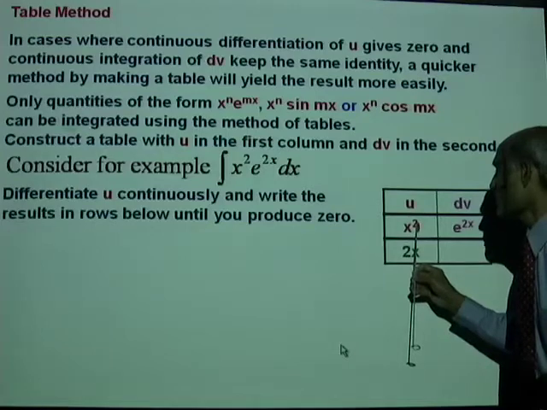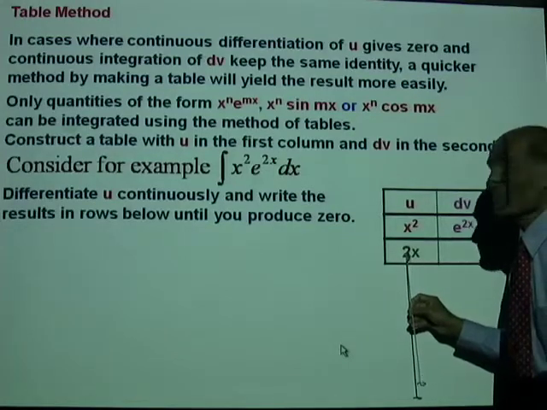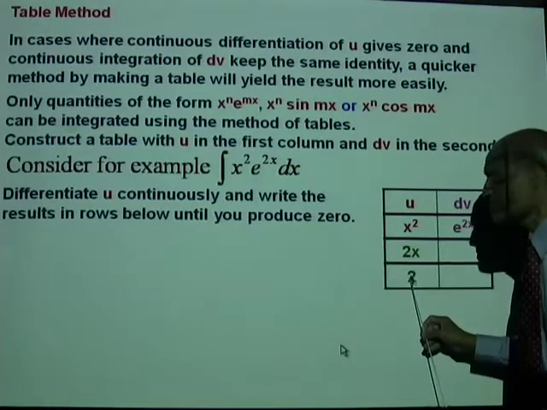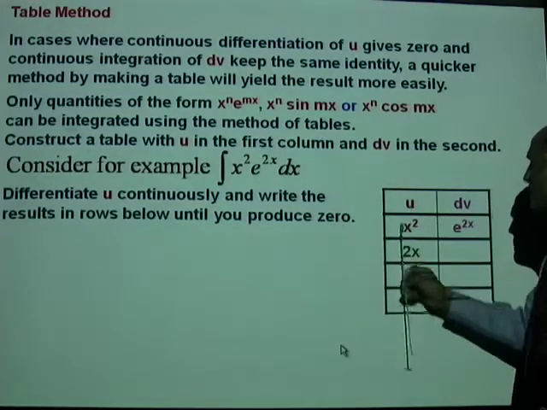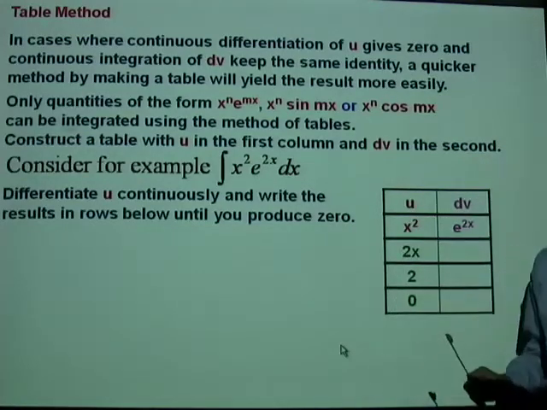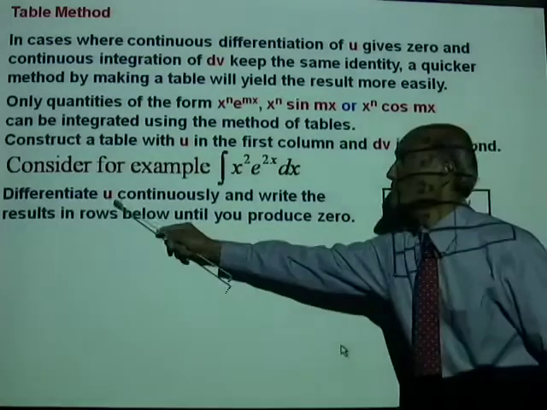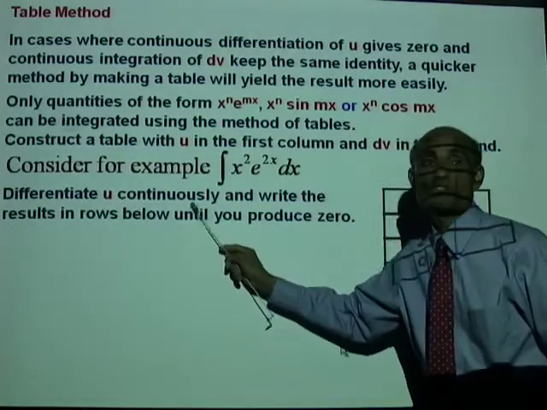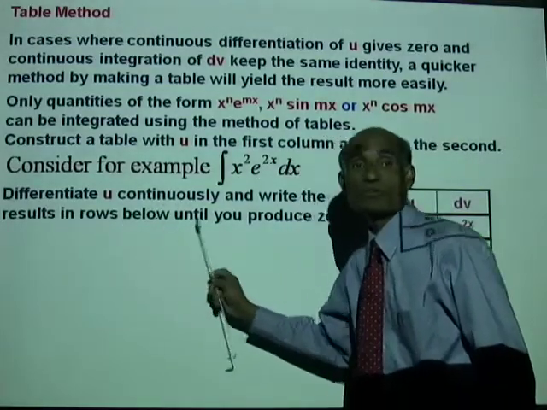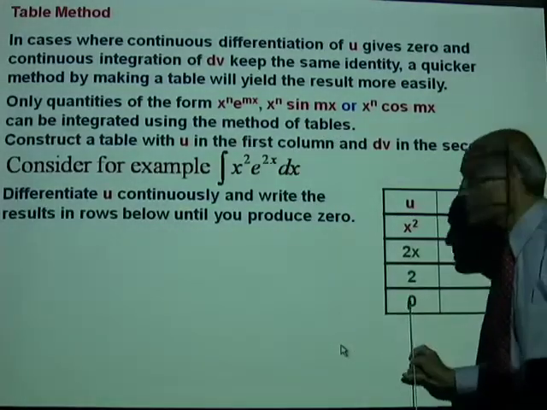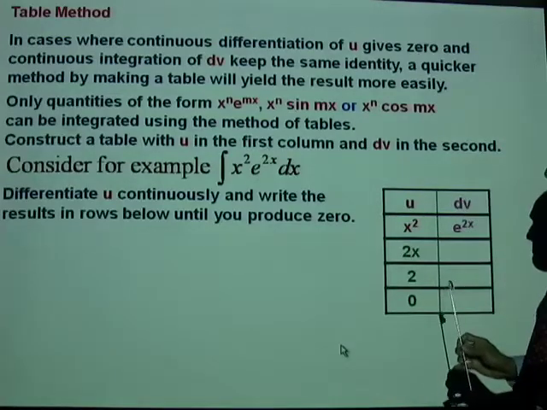The derivative of x squared is 2x. The derivative of 2x is 2. And the derivative of 2 is 0. And you have reached 0. That's what this means: differentiate u continuously and write the results in rows below until you reach 0.